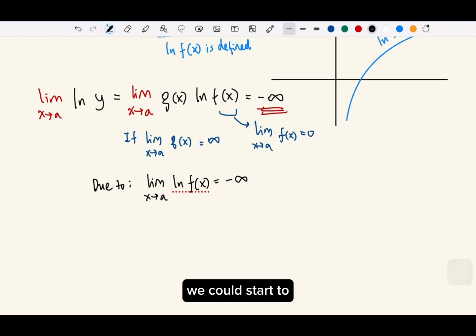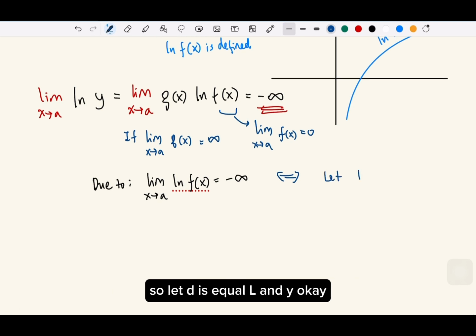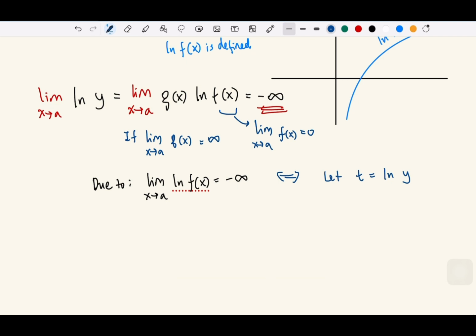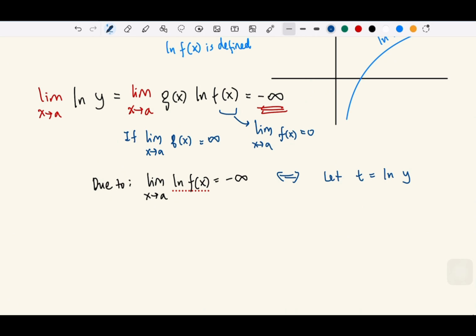We could start to maybe take some other variable to give a better description. So let t equal ln y.